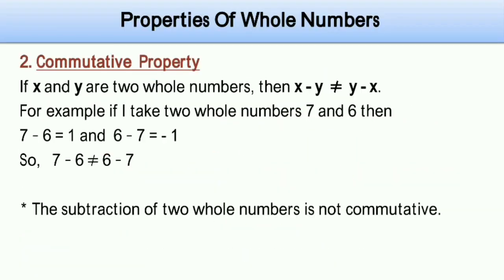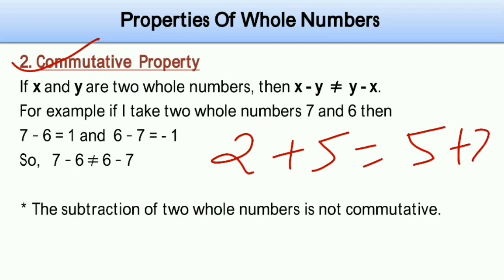Now the second property, commutative property. In addition, what we have studied is that we can change the order of the whole numbers. We have taken 2 plus 5, then 5 plus 2, both are the same because the result is 7.